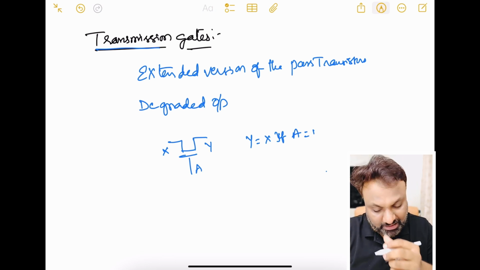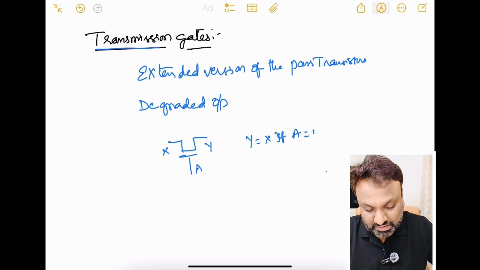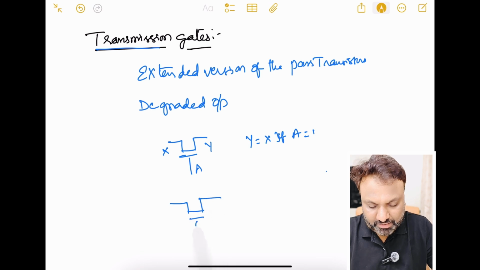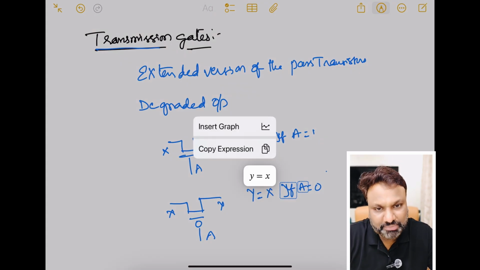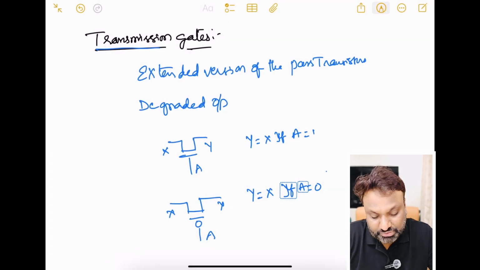Similarly, I can have a PMOS pass transistor. Here Y will be equal to X if A is equal to 0, because for A equal to 0 my PMOS will be on. So what we do is we make use of one PMOS and one NMOS and make one transmission gate.